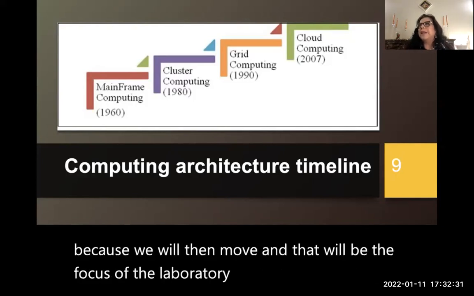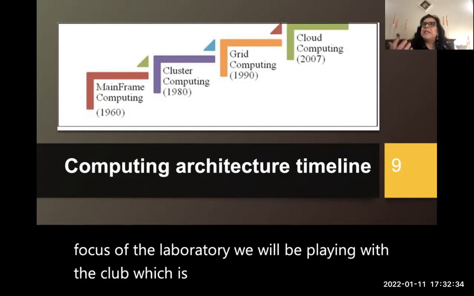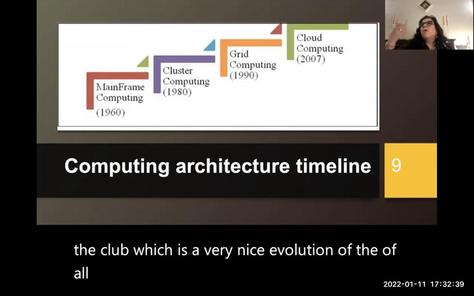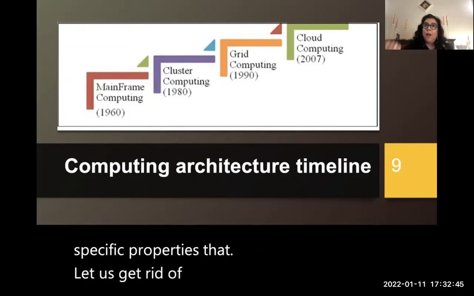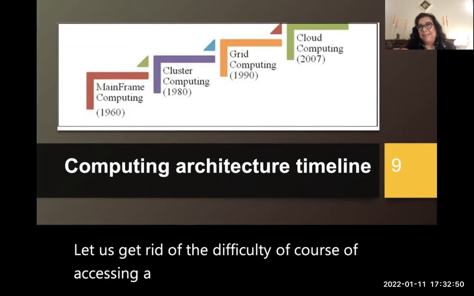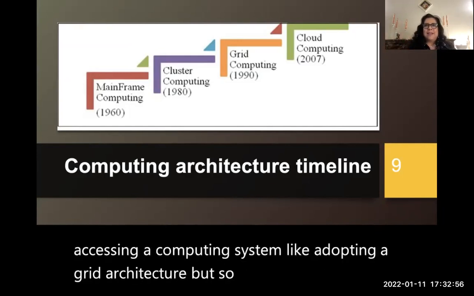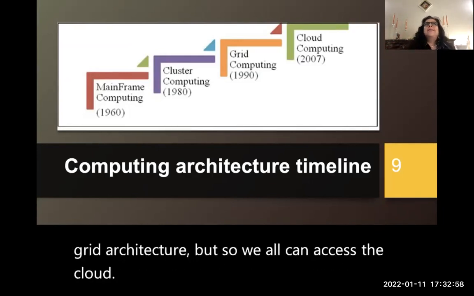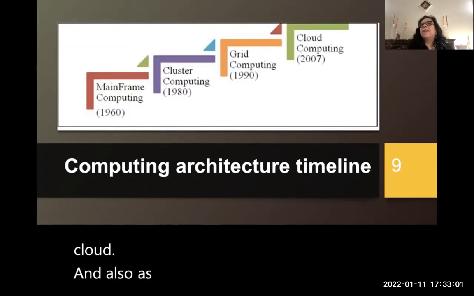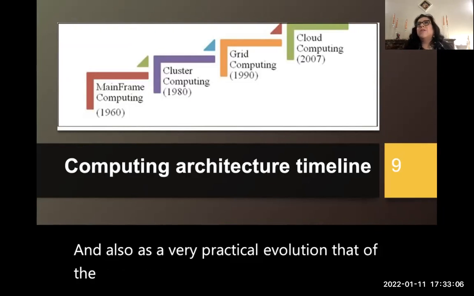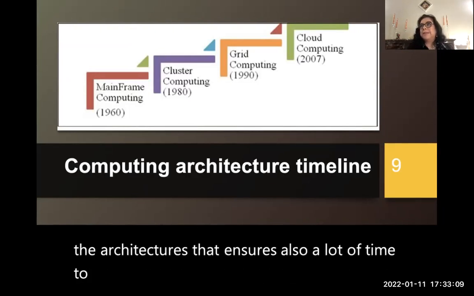We will be playing with the cloud, which is a very nice evolution of all these architectures, with specific properties that let us get rid of the difficulty of accessing a computing system, like adopting a grid architecture, so that we all can access the cloud. It is also a very practical evolution of the architectures that ensures a lot of time to market in order to build systems.